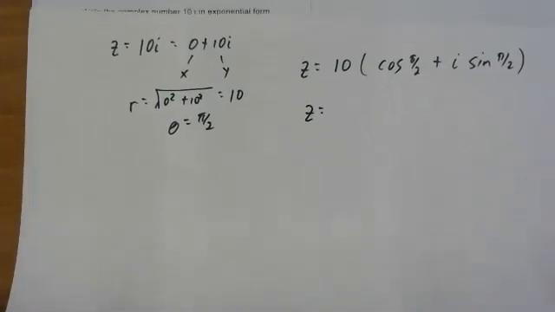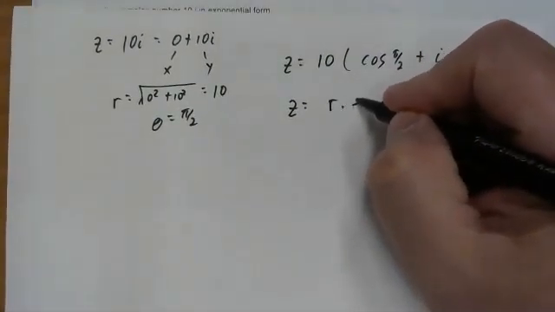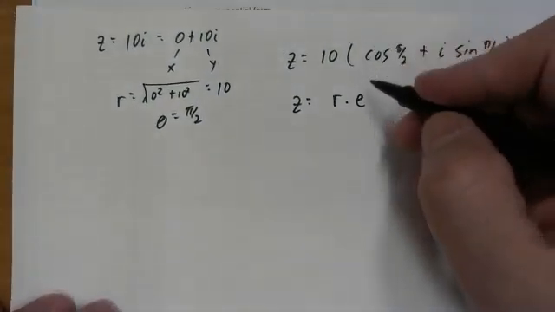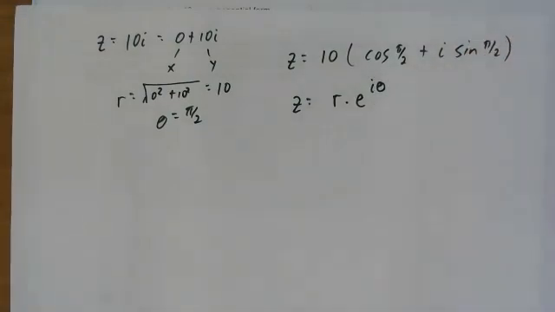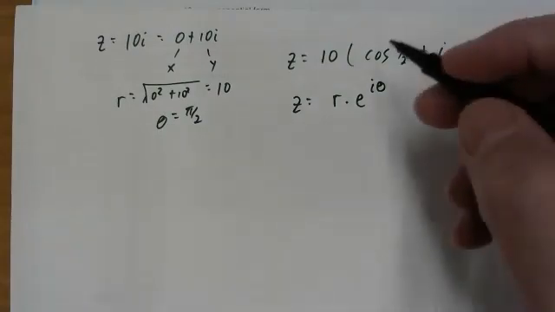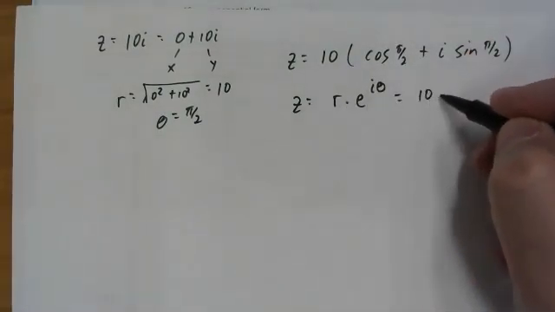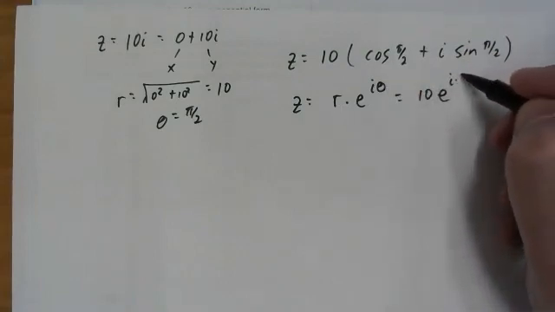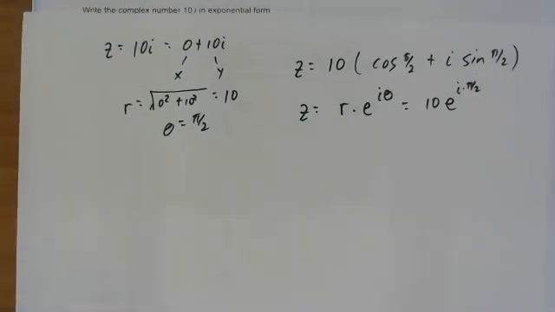Exponential form means another way to write it, r times e, where e is your base, and this is an exponent. So it's just another way to write this, except 10 goes here, e to the i, and then another crazy way, some crazy math here with complex numbers.